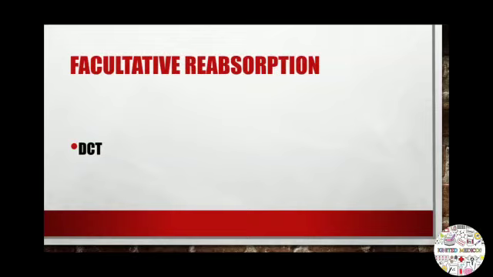Further, it is stored in the posterior pituitary, and further it is released, and it acts on the distal part of the DCT. So in this facultative reabsorption, 15 to 18% of the water may or may not be reabsorbed depending upon the body water balance. So when ADH acts, it is reabsorbed.